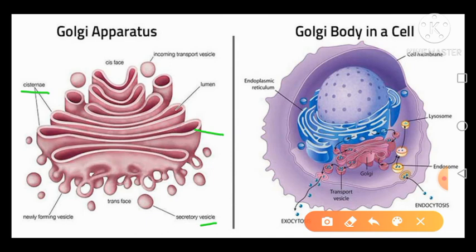The trans-Golgi, the trans face, is close to the plasma membrane, and the cis face is close to the nucleus or endoplasmic reticulum. So protein coming from the ER first enters the cis face. In the cis face some modification takes place, and then proteins travel through vesicles.